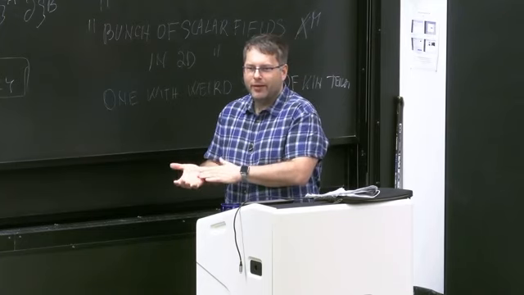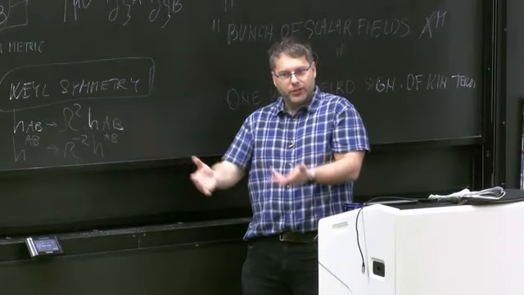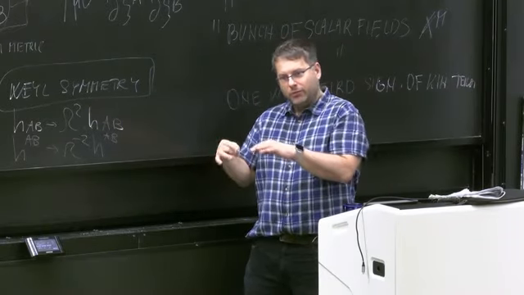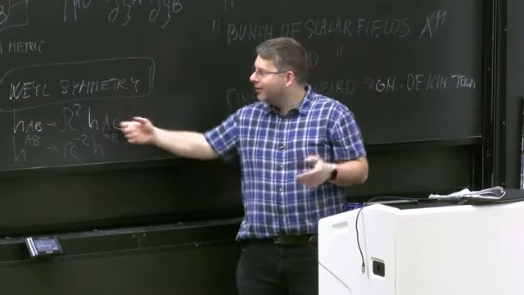What's the difference between diffeomorphism invariance and the Weyl symmetry? Very good. So here I'm not changing coordinates at all. All I'm doing is rescaling the metric, rescaling the distances, right? Of course, in principle you can mimic it.